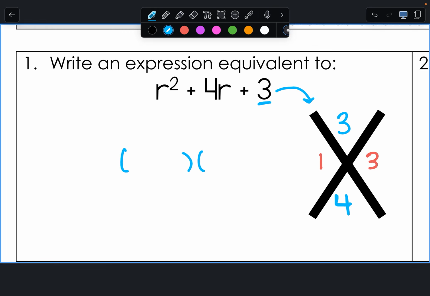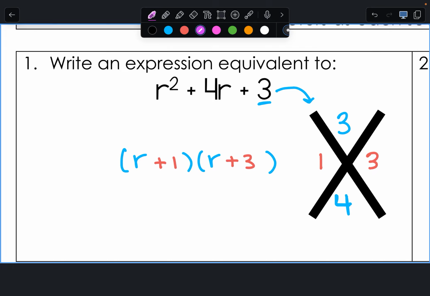So set up your binomial. The variable that we're using is r, so split the r times r. Now you have r plus 1 times r plus 3. And you're done. That's it. As long as you can figure out how to solve that diamond, you're good.